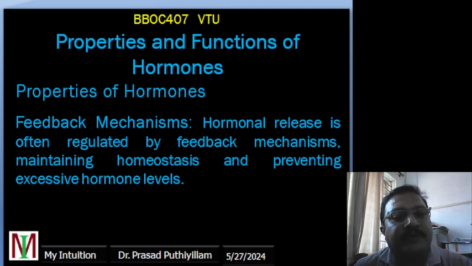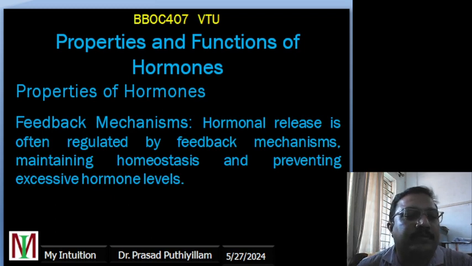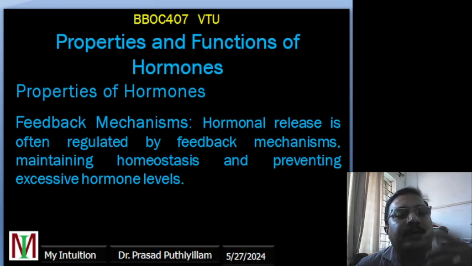Next one, the positive feedback. Example, during labor, the hormone oxytocin is released. It causes contraction in the uterus. This contraction stimulates the release of more oxytocin, leading to stronger contraction until the baby is born.